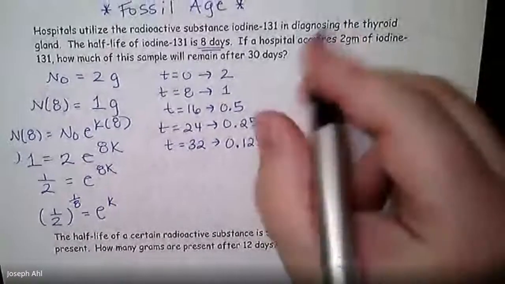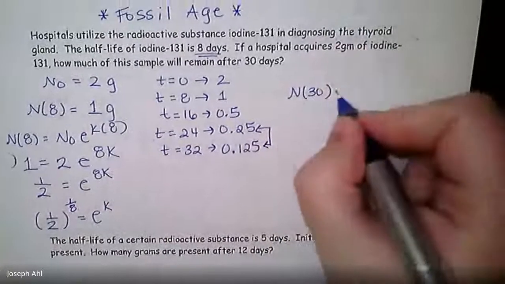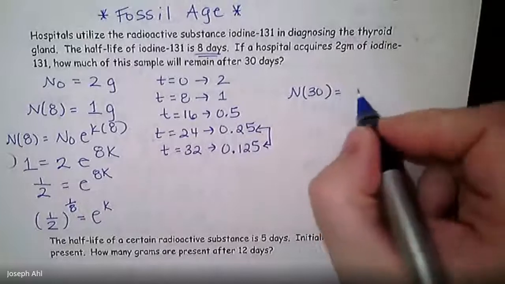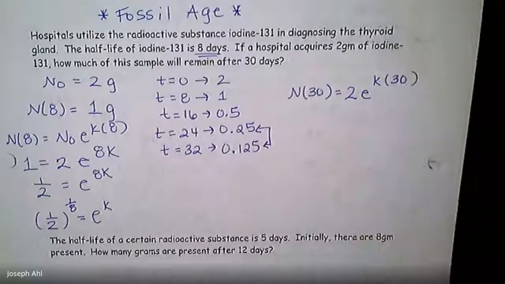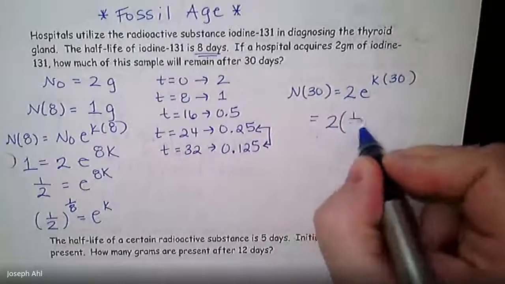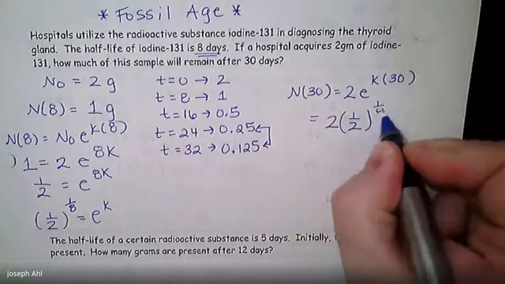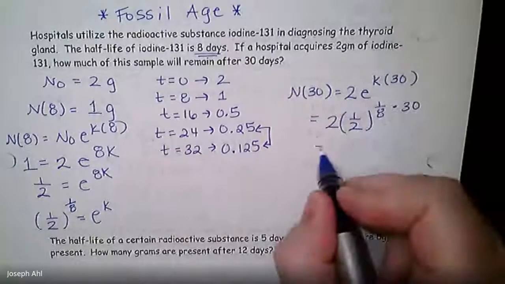Come on over here and figure out, hey, what's n of 30 equal to? That would be the initial amount, which is 2 times e to the k times 30. Well, we know what e to the k is. e to the k is 1/2 to the 1/8 power. So that 1/8 and that 30 are going to get multiplied.